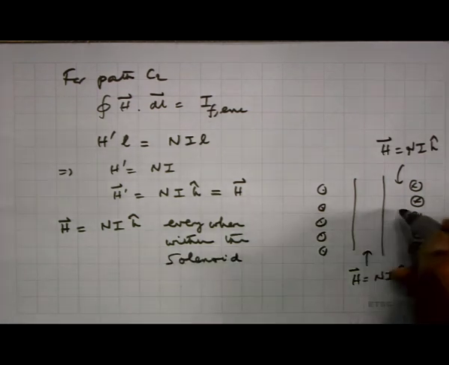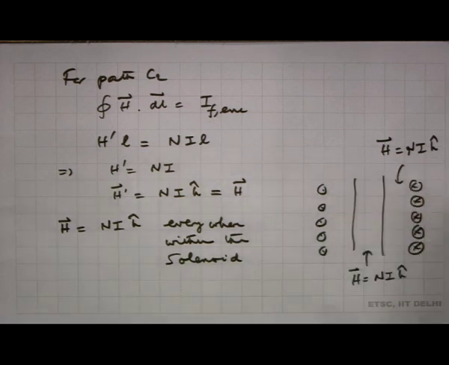So the H vector here, here, everywhere is the same within the solenoid, and outside the solenoid the H vector is 0. So without knowing anything about the property of the medium, without knowing anything about the surface currents, bound currents, etc., I have been able to calculate the H vector.